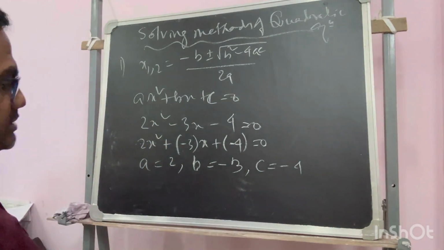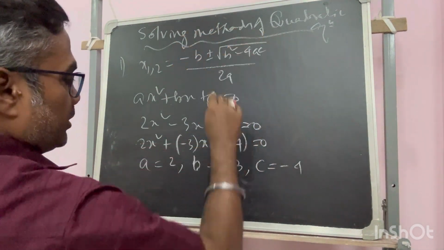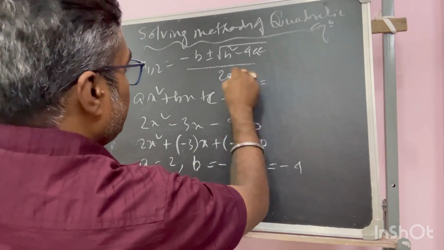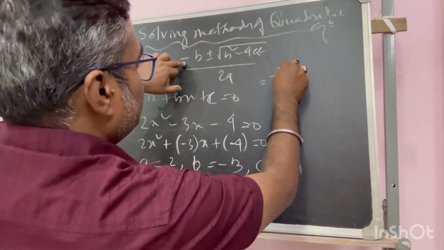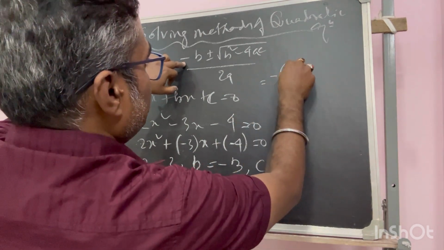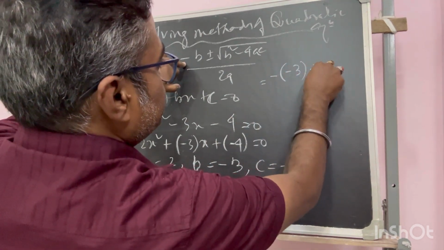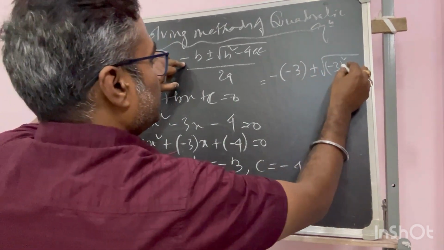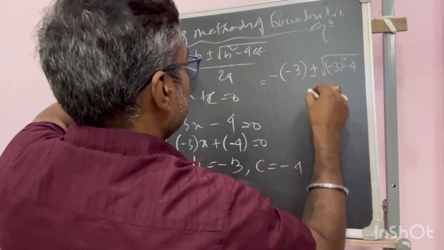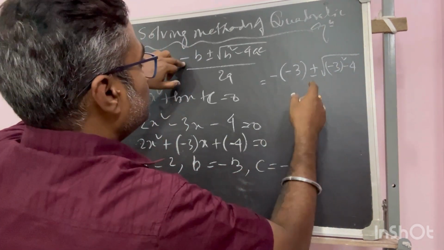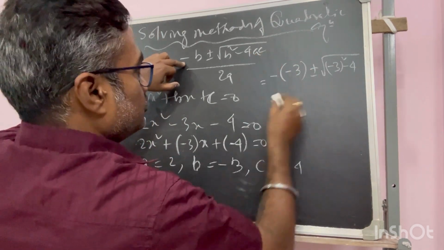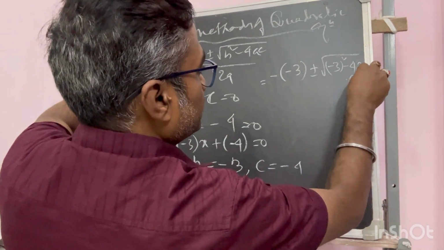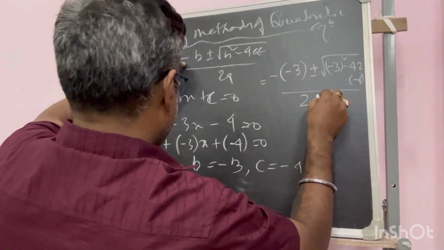Once you get this a, b, c, you can put them in with their signs. Whatever sign is there, it will be there. That will be minus 3 that I have to write, plus minus, b square means minus 3 square. So you will never be in a position to make mistakes. So a is equal to 2, 2 into 2 into c, which is minus 4, and the remaining 2 into a means 2 into 2.